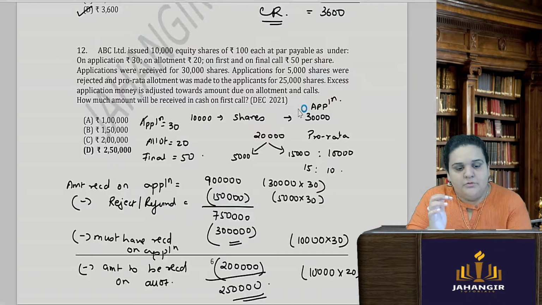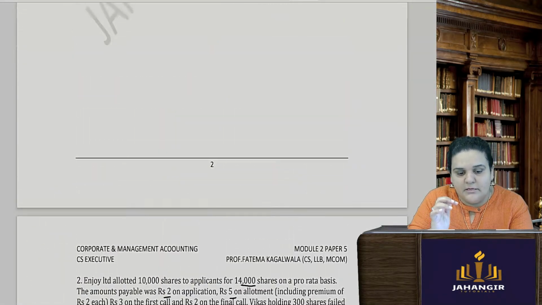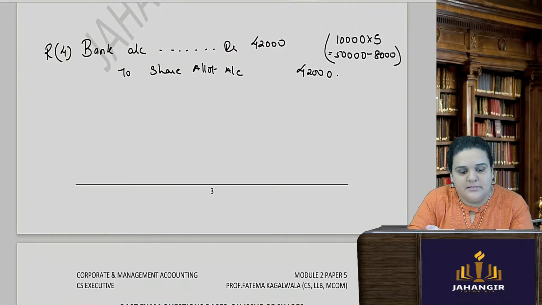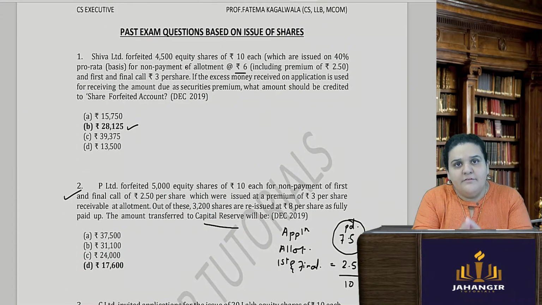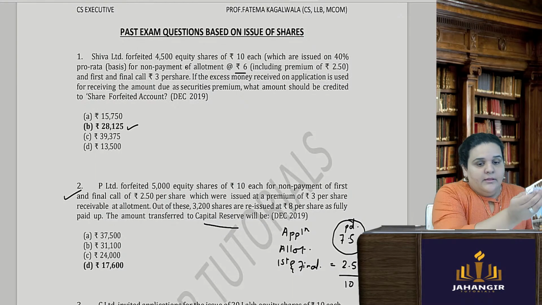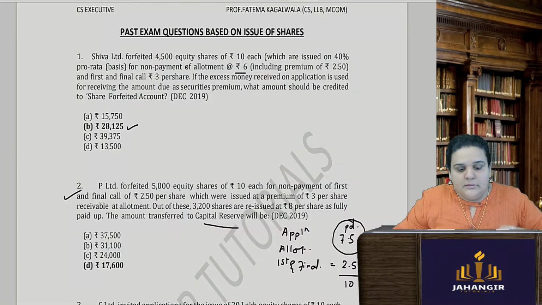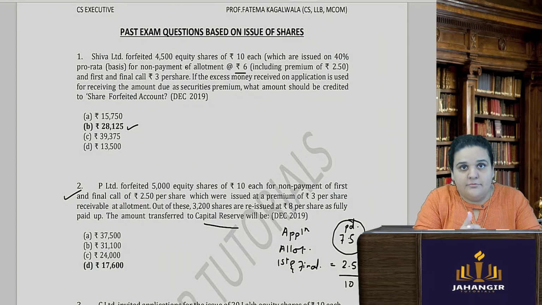Okay. So this was it with all the past exam questions. You all must have seen how many past exam questions there are based on issue of shares. A very, very important chapter this is. I hope you have made a note of each and everything, and that you have also tried to practice these sums along with me. Now I am going to start with the next one, part B and part C, which is right and bonus shares and buyback of shares.